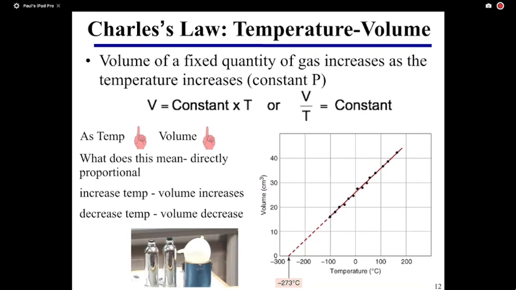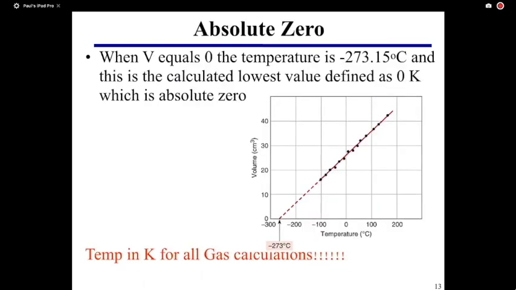But this leads to a theoretical place. Okay? Theoretically, using this gas law, there is a temperature for all gases at which the theoretical volume is 0. The numerical value of that is minus 273.15 degrees Celsius. This is termed absolute 0, the coldest anything could ever be.